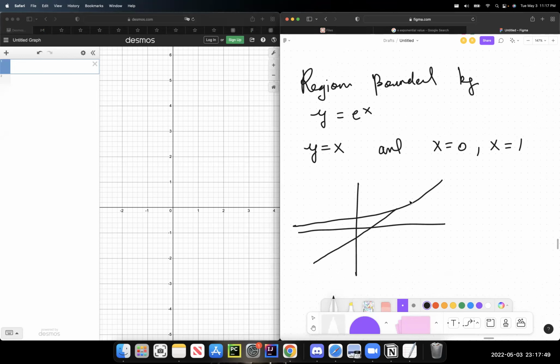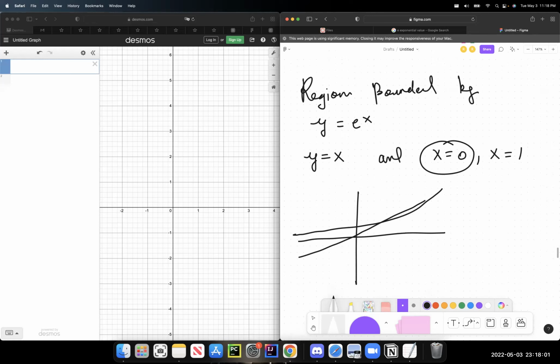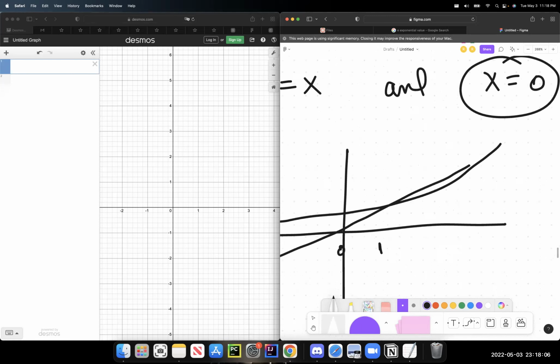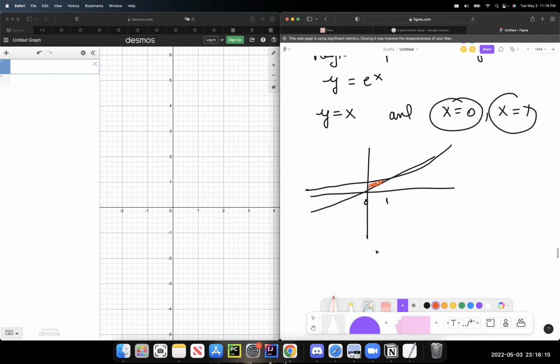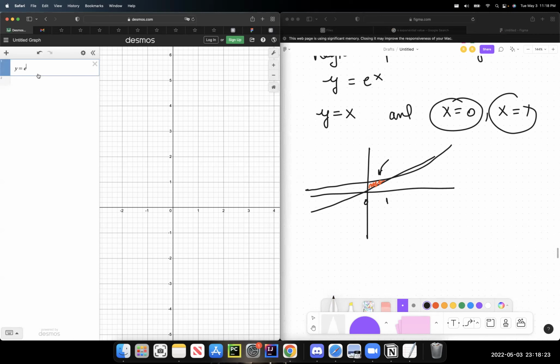And then x sort of cuts through right down the middle like that. The idea is that it's giving you x equals 0 and x equals 1. So from 0 to 1, it wants you to essentially find this area here bounded by e^x and x. Can you find the area? And again, these problems are not too bad, and you can see that we have a representation of it.